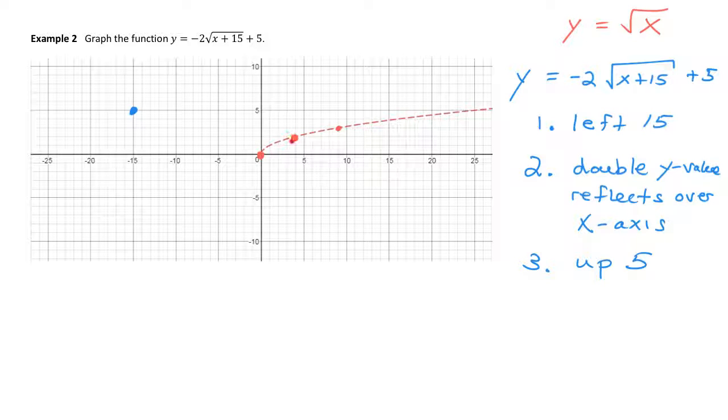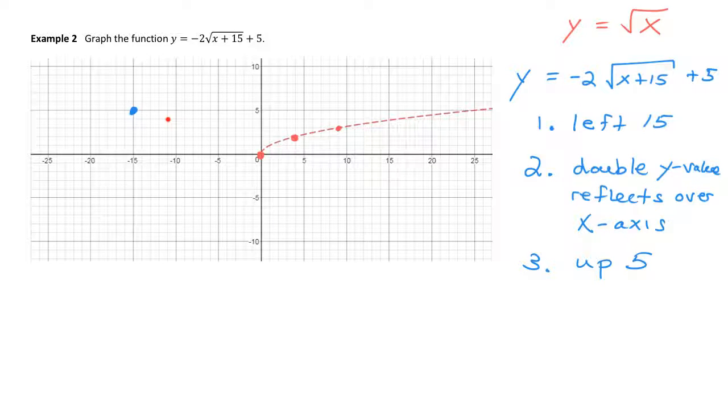Okay, this is the point 4, 2. All right, first it's going to go 15 places to the left. So I'm going to just take 4 and subtract 15, and that's going to go to negative 11. Okay, now we're doubling the y value, which is 2, so it goes up to 4.